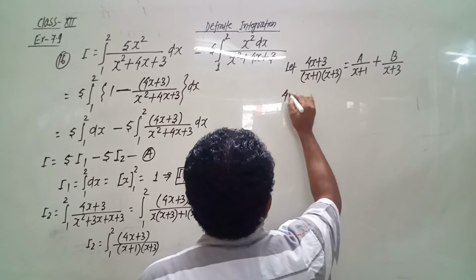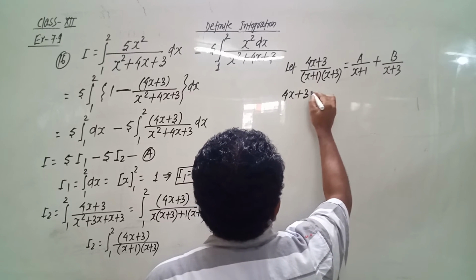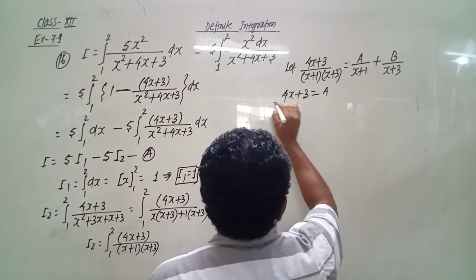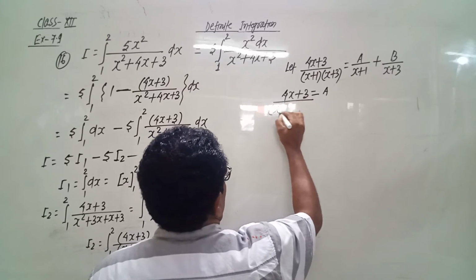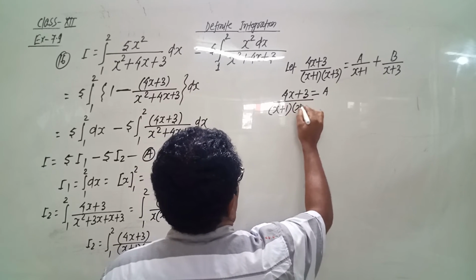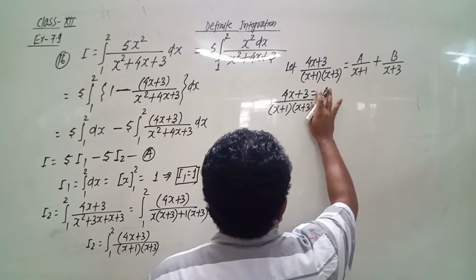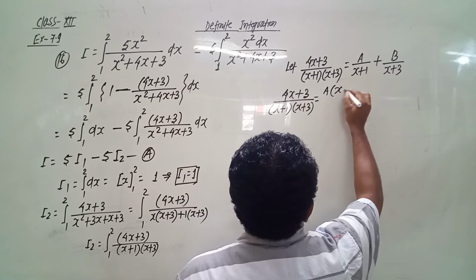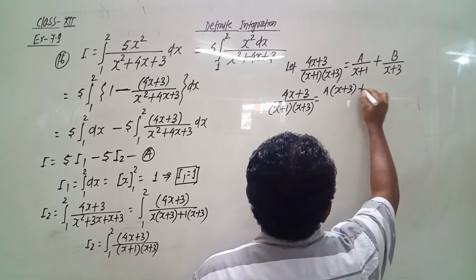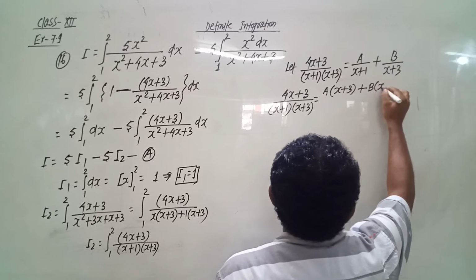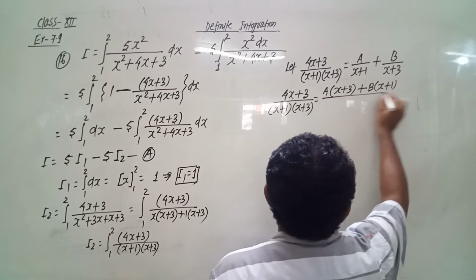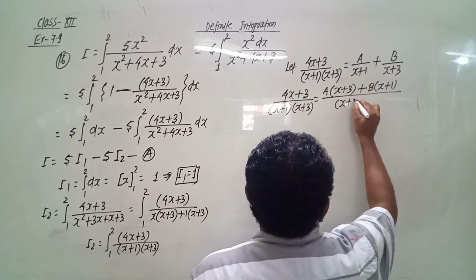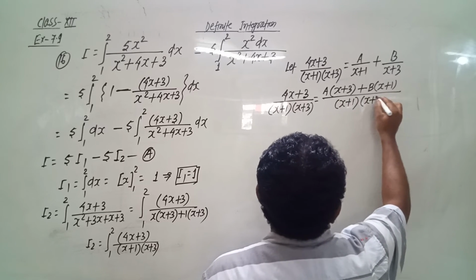So 4x plus 3 upon (x plus 1)(x plus 3) equals a into (x plus 3), taking LCM, plus b into (x plus 1), upon (x plus 1)(x plus 3).